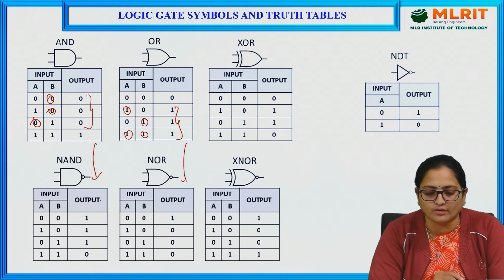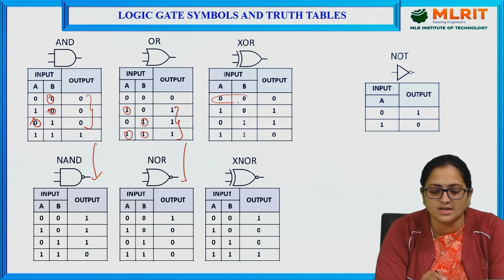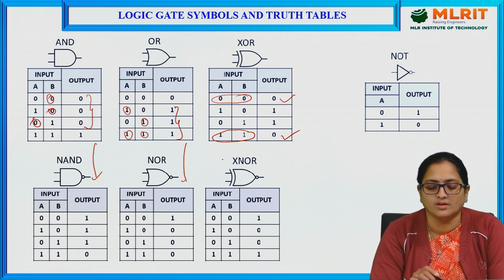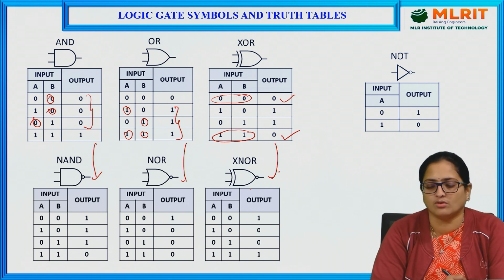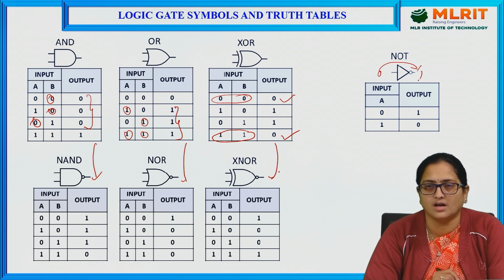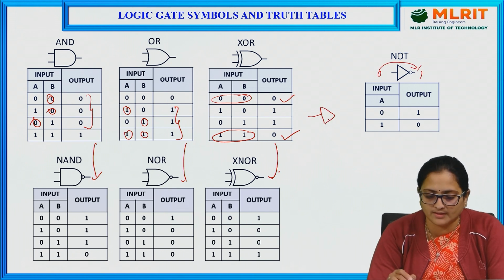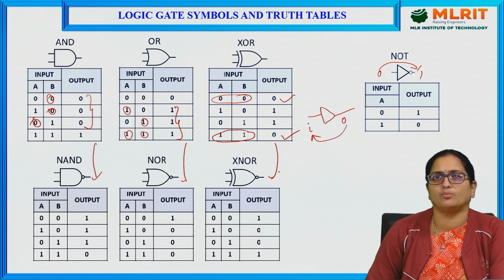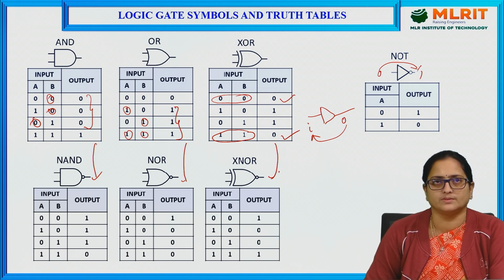And for XOR, if you have similar inputs, then your output will be 0. The same replica will be there for XNOR. For NOT, if you give 0, the complement of this will be given as output. And buffer is another primitive where your output follows your input.